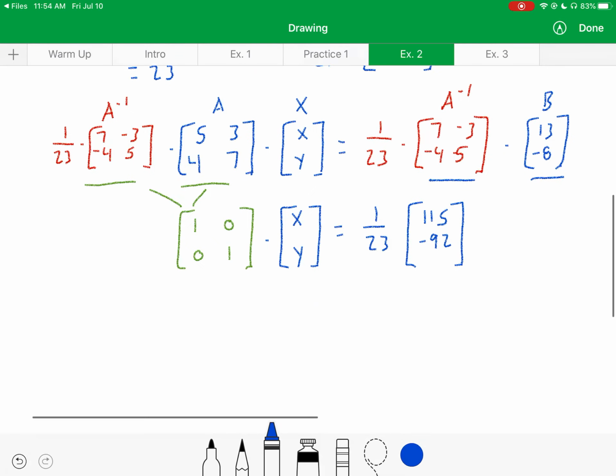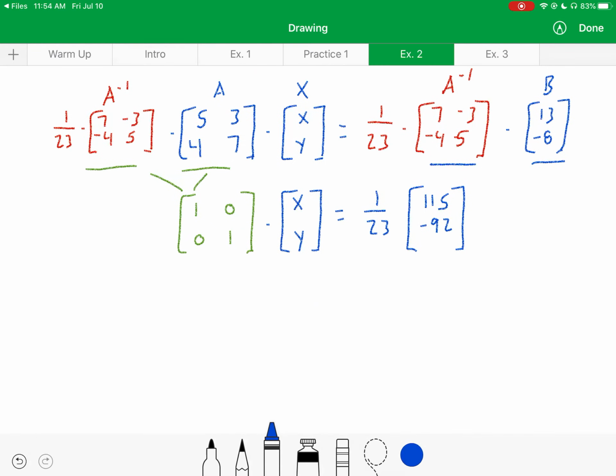All right, and then we're almost done here. So the identity matrix multiplied by the variable matrix is going to give you simply the variable matrix. And then I'll multiply through by the scalar here. So 1 over 23 times 115, that's going to give you 5. 1 over 23 times -92 will give you -4.